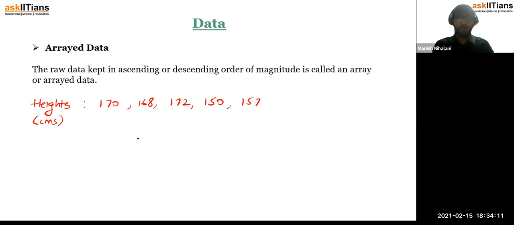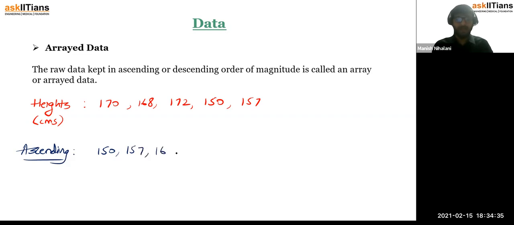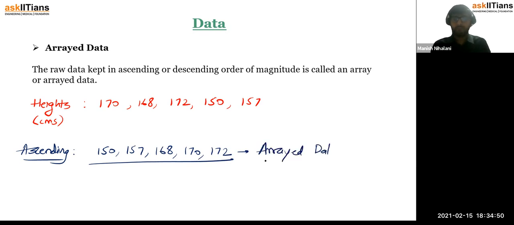If you are now arranging this data in an ascending order, the ascending order would be 150, 157, then 168, 170, and 172. So this arrangement in the ascending or descending order is basically arranging the data. This form of data will be called arrayed data or just an array, right? Because now you have arranged them.